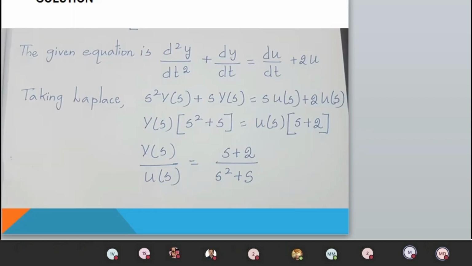Okay, so always understand the Laplace for d square is s square, d is s, and du is s into U of s. Okay, so take care in these cases and apply carefully. These are all nothing but simple application of mathematical functions. Okay, and see that you don't commit any errors or mistakes.